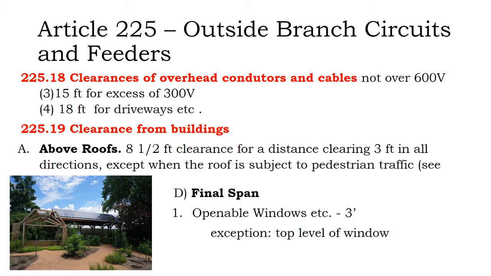Okay, overhead conductors have clearance requirements. Overhead conductors have an 18-foot clearance requirement for driveways. Those overhead conductors need to be 18 feet up in the air, and 15 feet for conductors that are in excess of 300 volts. I get really concerned about solar carports that are not 18 feet tall, because potentially that's a code violation.